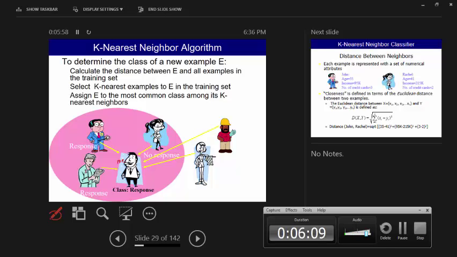Then I need to consider each one of the students so that I can measure the distance.